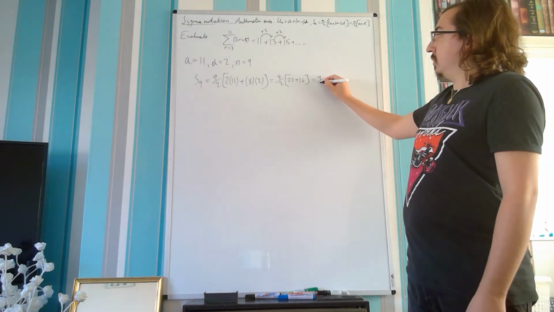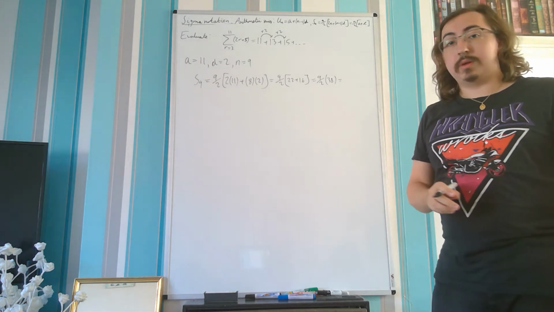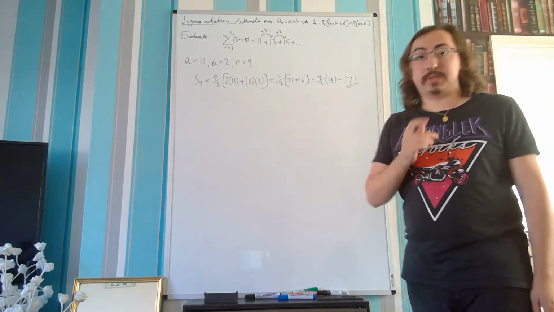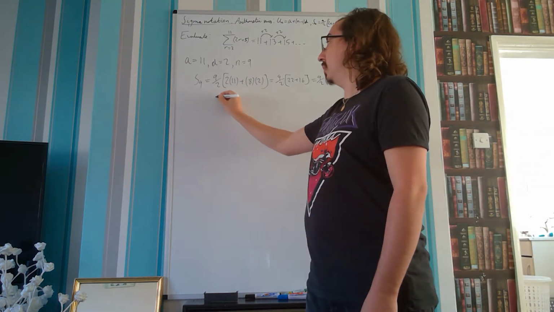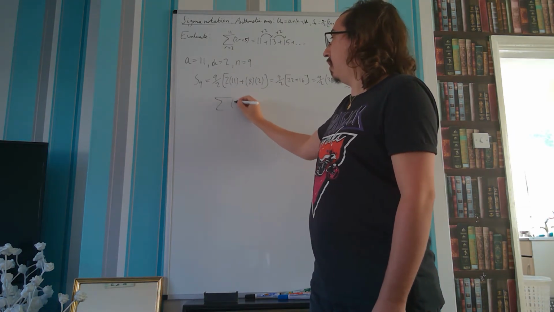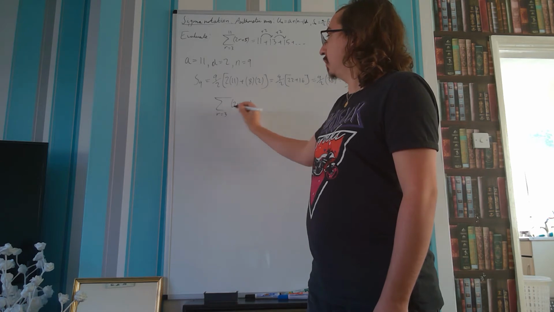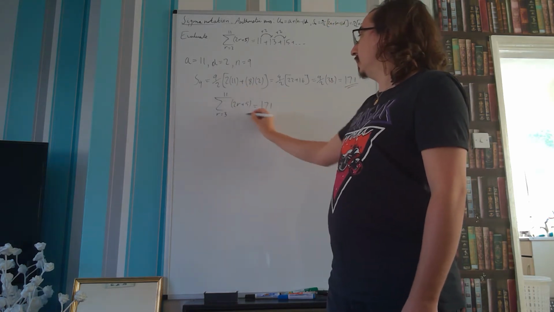So you've got 9 over 2 times 38. 38 divided by 2 is 19, times 9 gets you 171. And that's indeed our answer for this problem. So the sum of 2r plus 5 between r equals 3 up to 11 is 171.